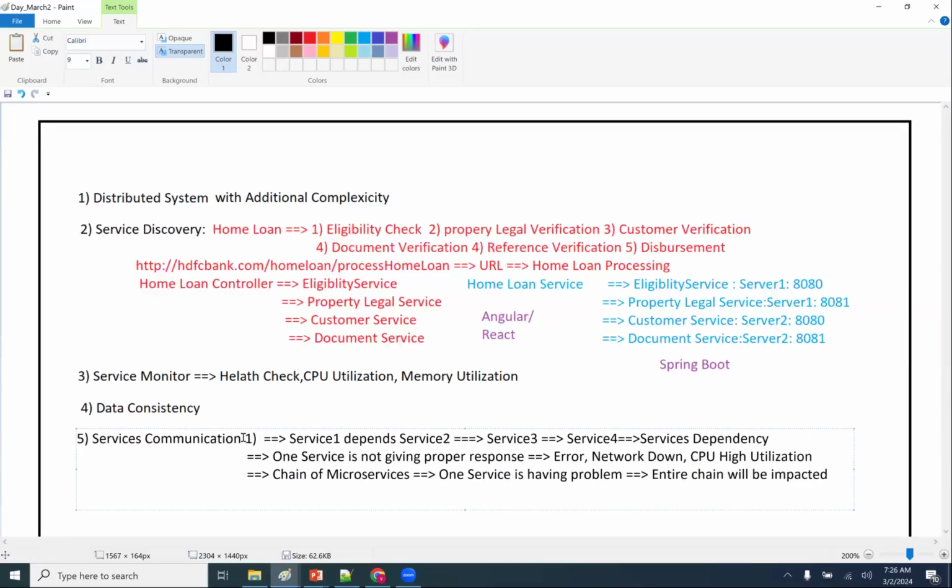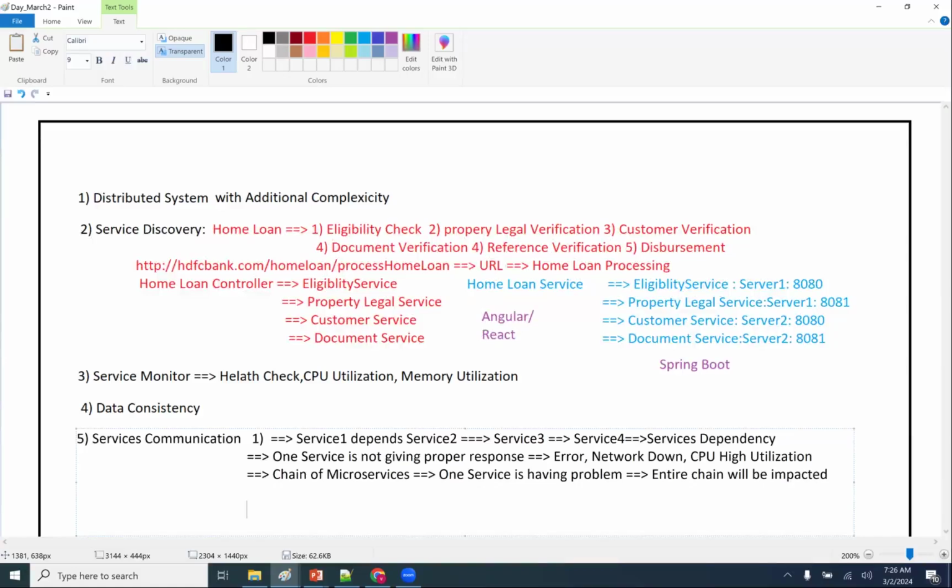And the second point is, when I am dividing the services, right guys? When we are dividing the services, we have a chance of cross programming language: one service is in one programming language, another service is in another programming language, and another service in yet another programming language, right?